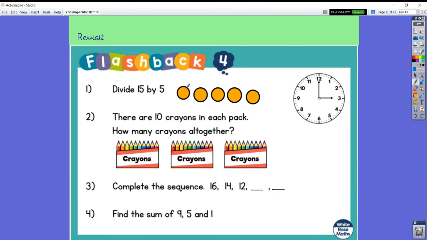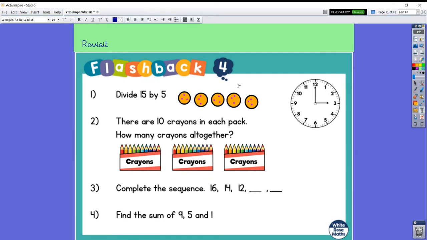So let's just go 1, 2, 3, 4, 5, 6, 7, 8, 9, 10, 11, 12, 13, 14, 15, and so that gives me 3 in each group. Let's write that out, 15 divided by 5 equals 3.